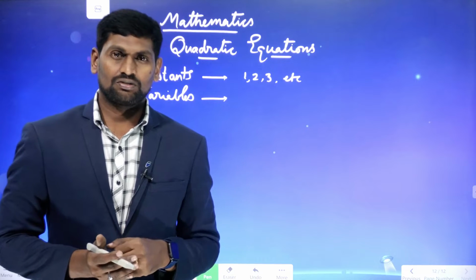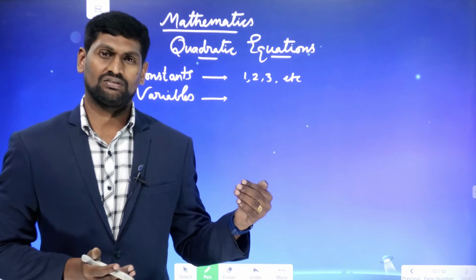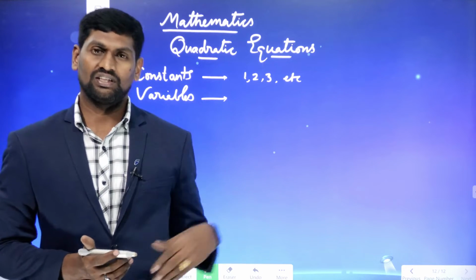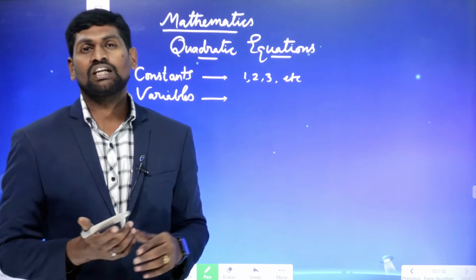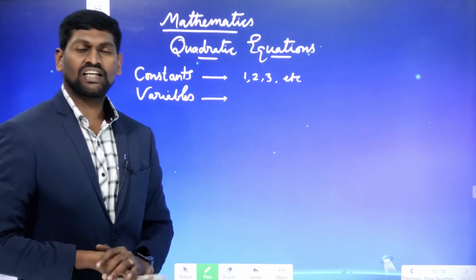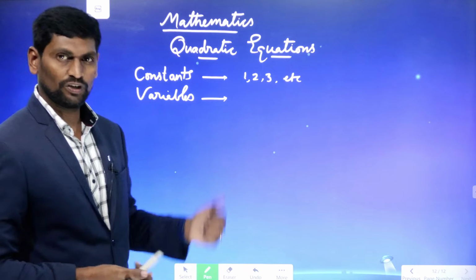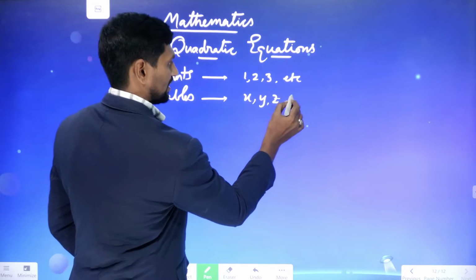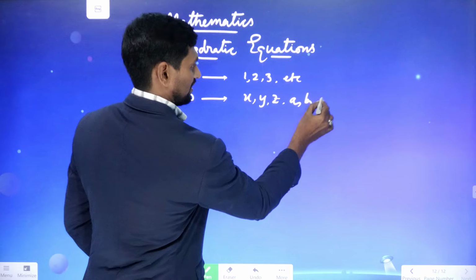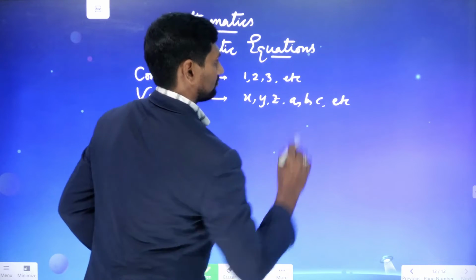Am I right? In the morning the temperature is less, then it increases, and again it decreases. So there is no particular or fixed temperature in a day. That we can take as an example for a variable. So they are represented with letters: x, y, z, a, b, c, etc.